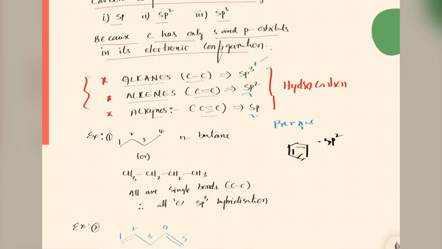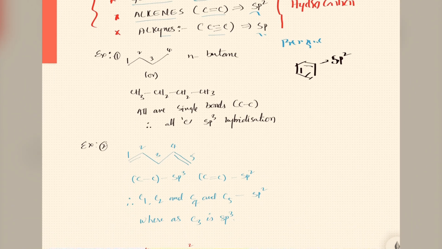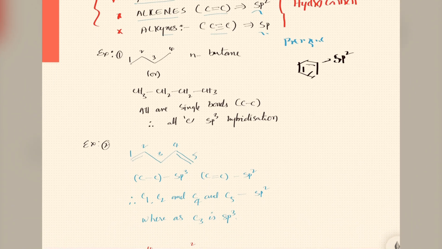Which type of hybridization? sp2 hybridization. So in each carbon of benzene we have sp2 hybridization. Therefore don't forget this: benzene is always sp2 hybridized. This is also a hydrocarbon. Clear? Now we can go on. All of you concentrate from here onwards. Very important.